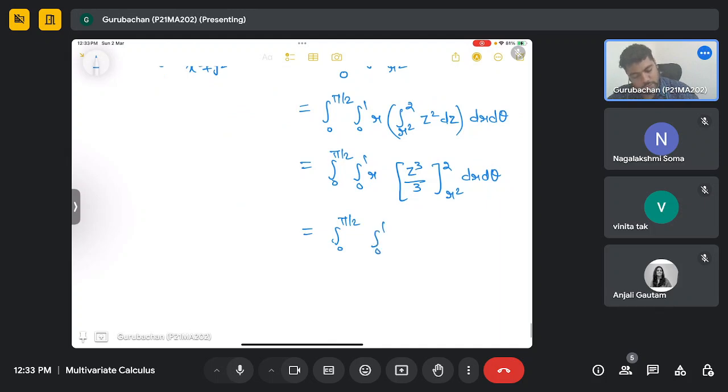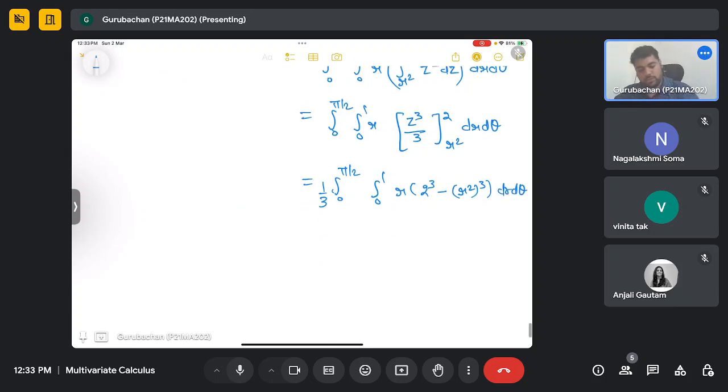This will give us 1 by 3 that we can take out. This will be (2 cube minus r square cube) dr d theta. So this will be 1 by 3, 0 to pi by 2, 0 to 1, 8r minus r to the power 7 dr d theta.